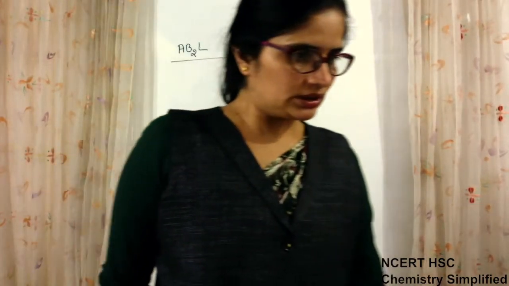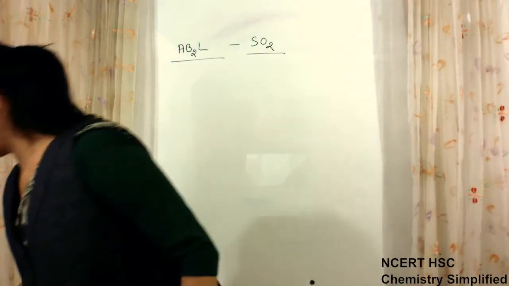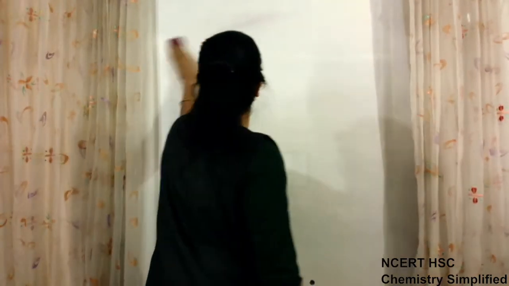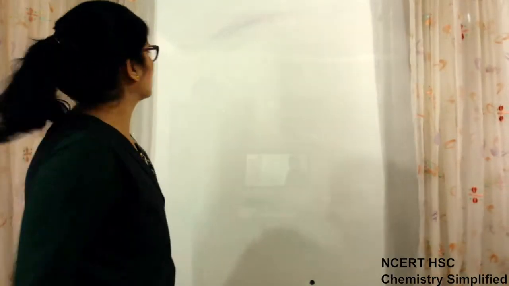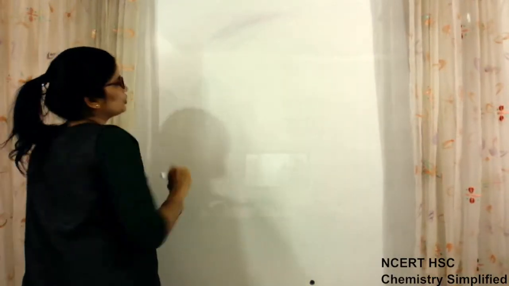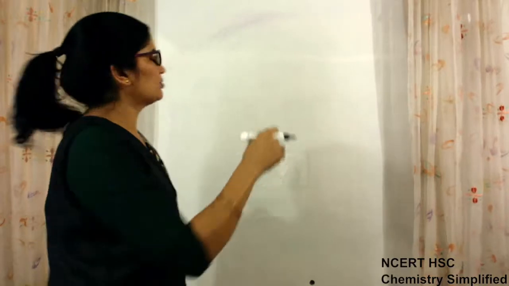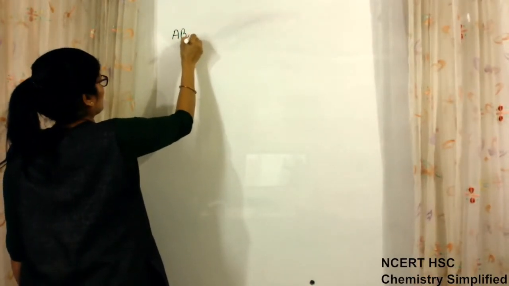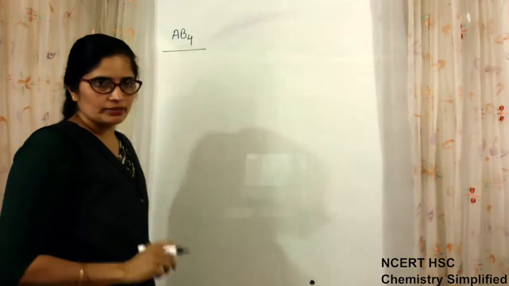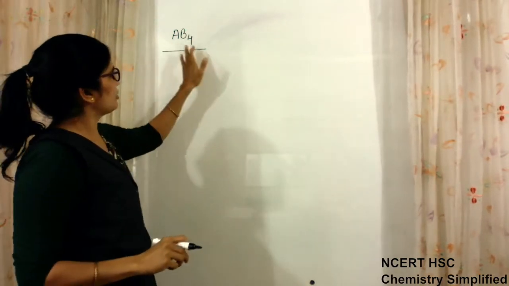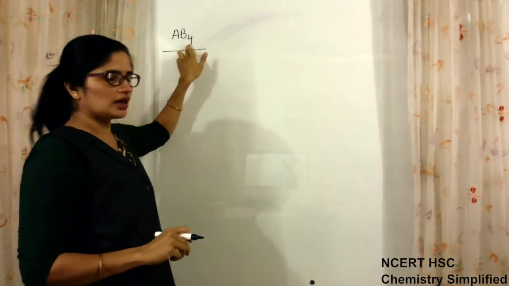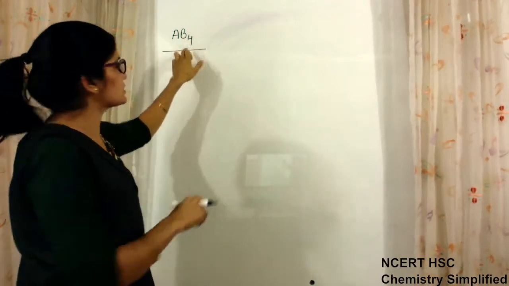Now we come to the second type of geometry. We will come to the geometries arising from distortion of AB4. AB4 is a regular geometry. Okay, in AB4 we know that A is the central atom attached to 4 side atoms.